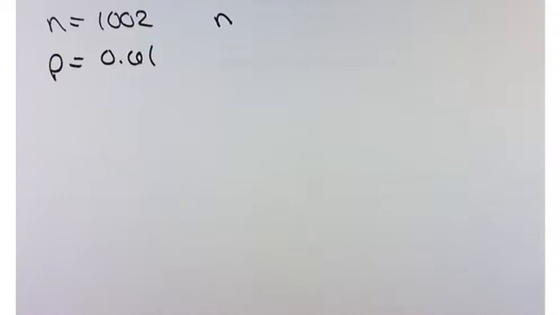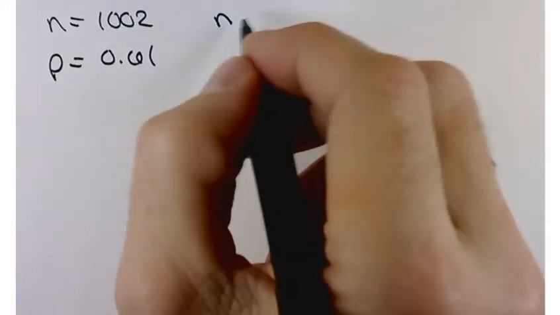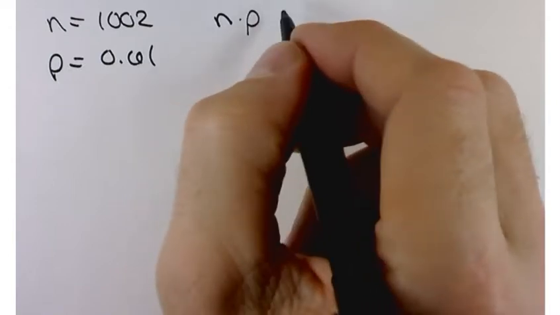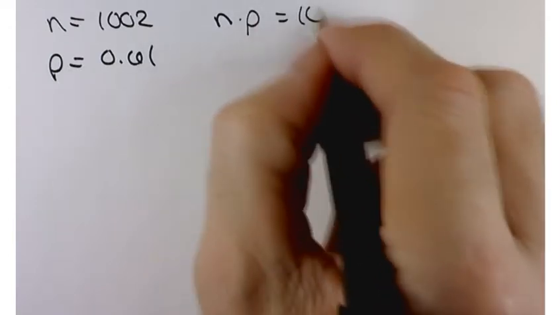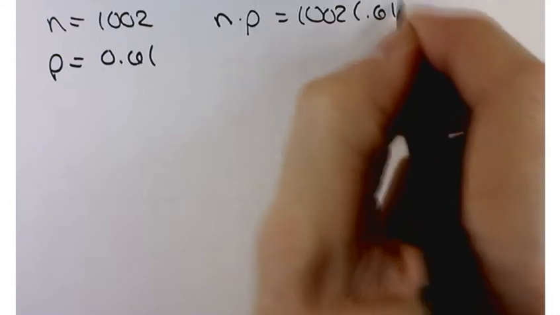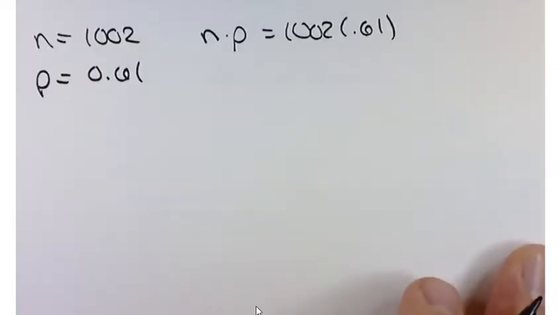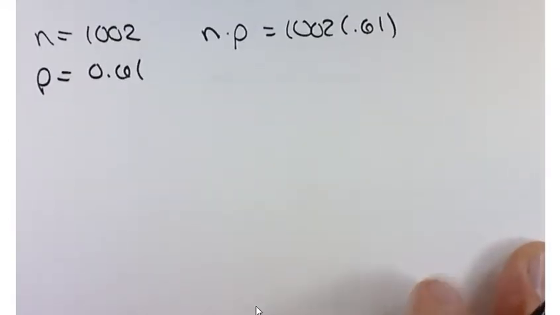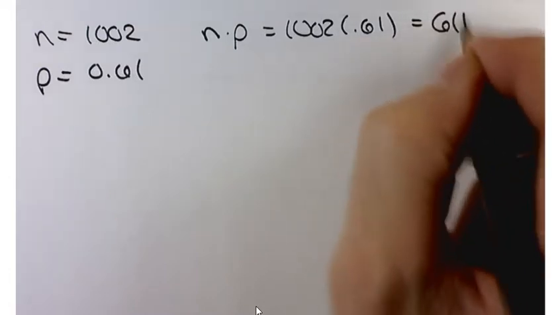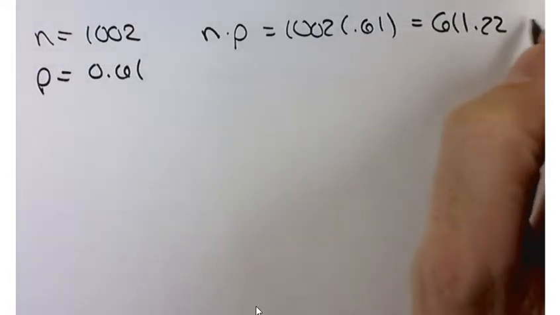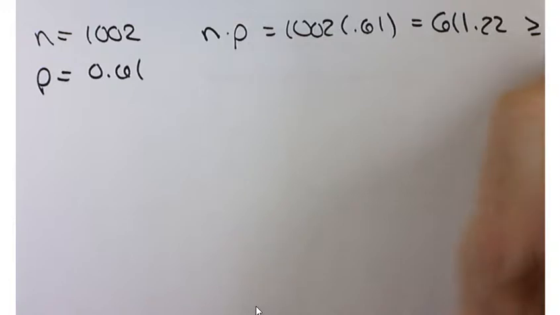Independent, what random people do with their voting is going to be independent. Two outcomes, they voted or didn't. Same probability, kind of. You get that through the 5% rule, so we're okay there. There's one other thing I have to check, that's np, which is 1,002 times 0.61, or 611.22. And that's clearly greater than or equal to 5.